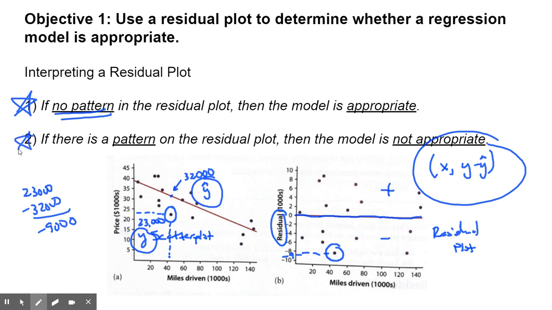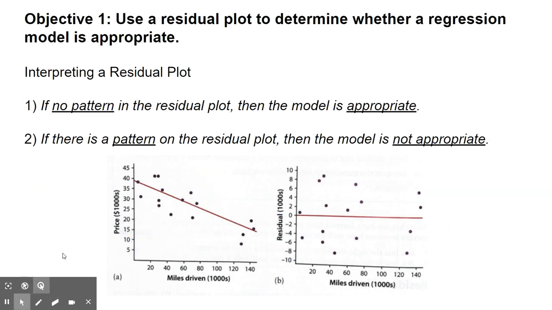Now, if there is a pattern on the residual plot, then the model is not appropriate, right? You don't want all your dots to be above this 0 line or all the dots to be below, because if that's the case, then your linear model is not good, okay? So again, you're looking for no pattern or random scatter.